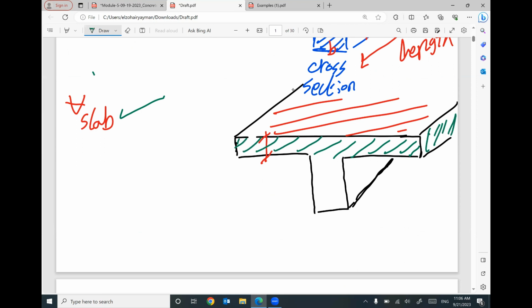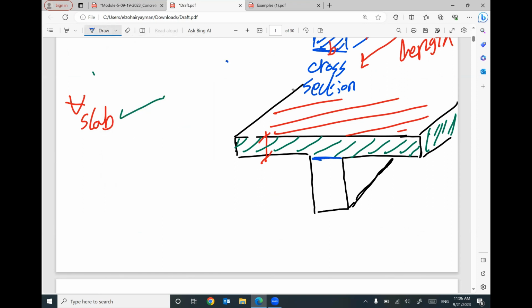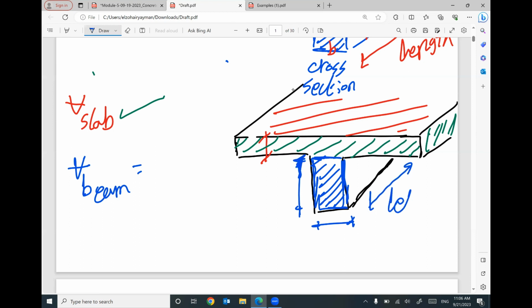That makes sense? So the remaining part regarding your beam will be this part only. To figure out the volume of the beam, you need to multiply this area by the length of the beam. Don't count this part one more time with the beam because we already counted it with the slab. That makes sense?